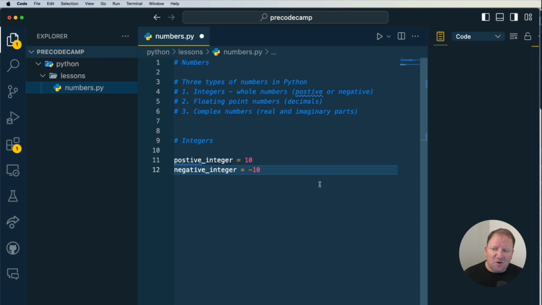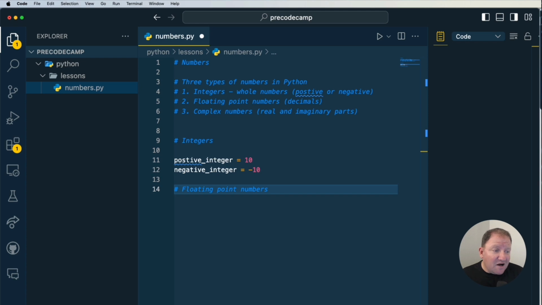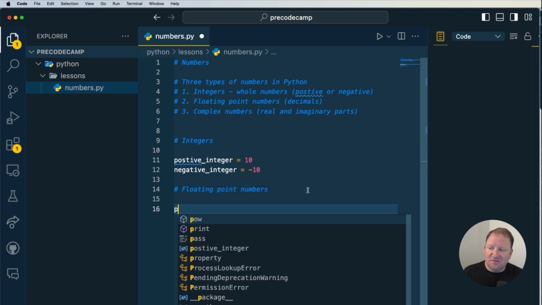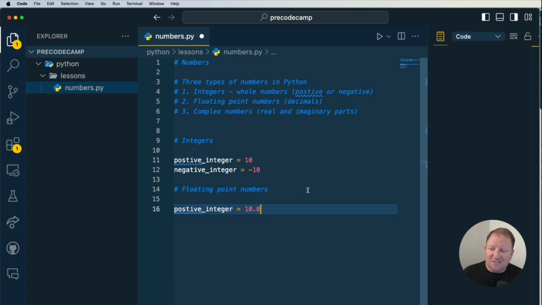Let's go ahead and talk about floats. So inside of floats are numbers with decimal points, allowing representation as far as fractionals. They can also be used for more precise calculations when it comes to the math, whenever we're trying to divide, right? So let's go ahead and show a few examples of what it looks like. So we'll do a positive float. We're going to set that equal to 10.4.